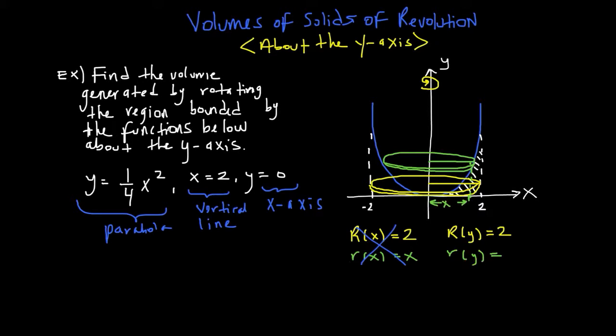Well, for that, we go back and we remember the function is 1/4 x squared. And so what we have to do now is solve this equation for x. So I can multiply both sides by 4 and say 4y is equal to x squared. Then I could take the square root of it and say x equals plus or minus the square root of 4y.